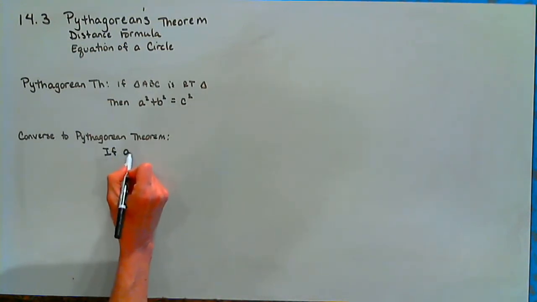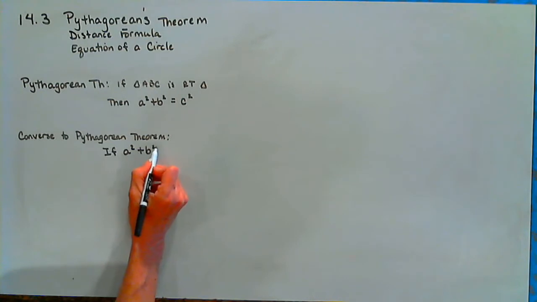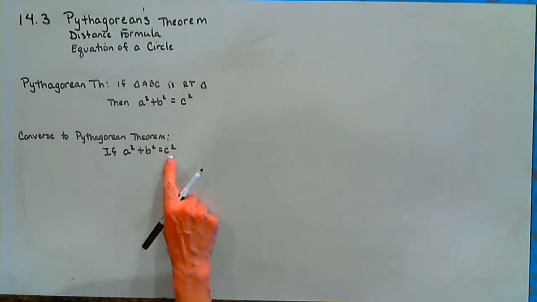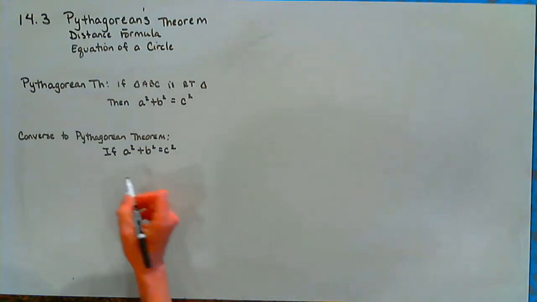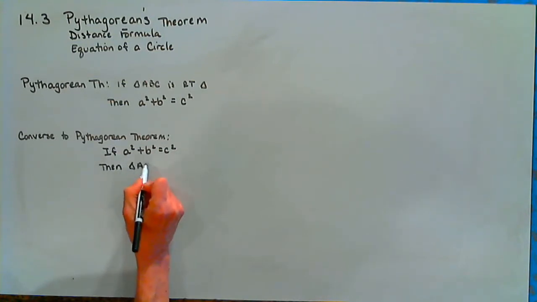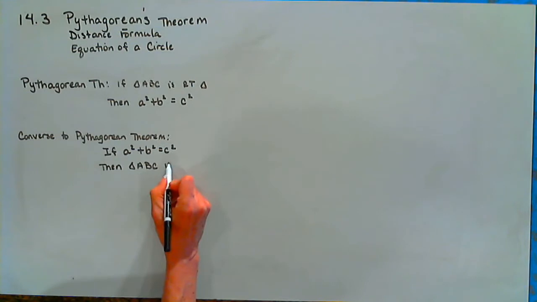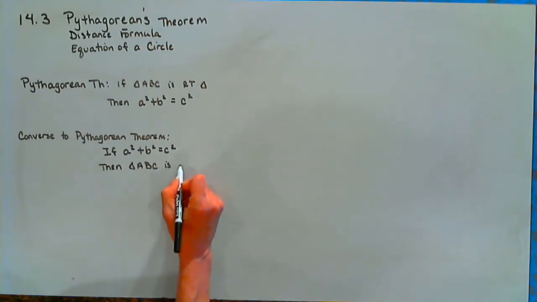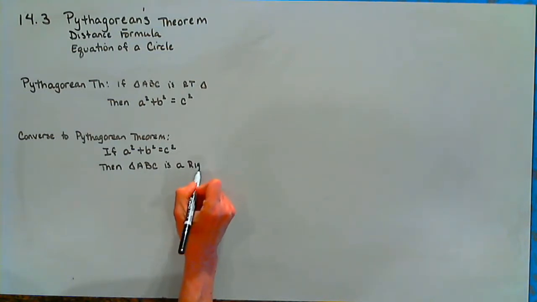So if a squared plus b squared equals c squared, which would have to be the longest side, then triangle ABC is a right triangle.